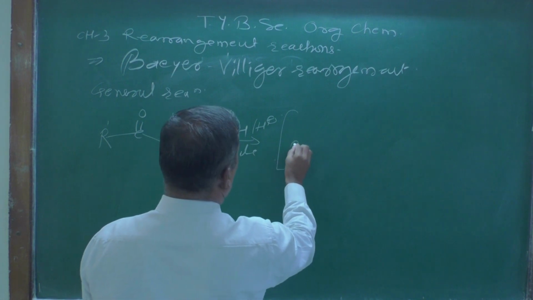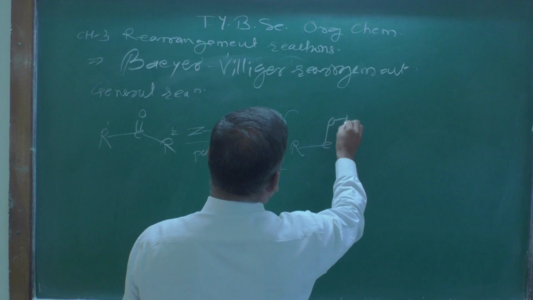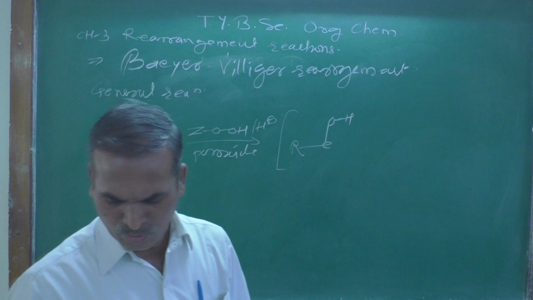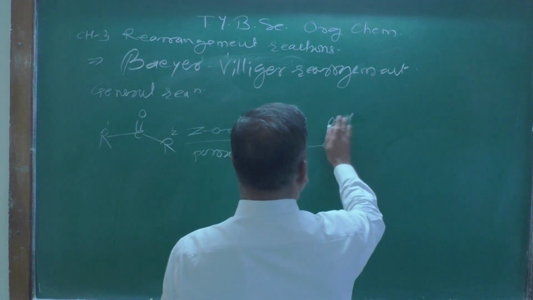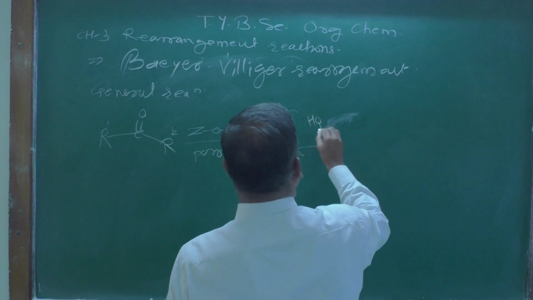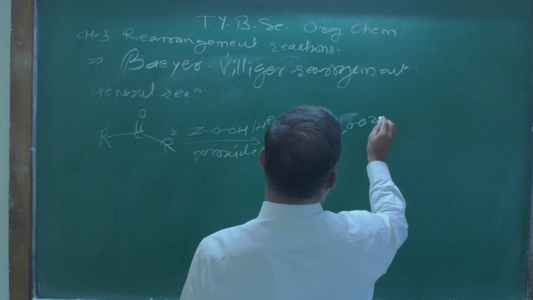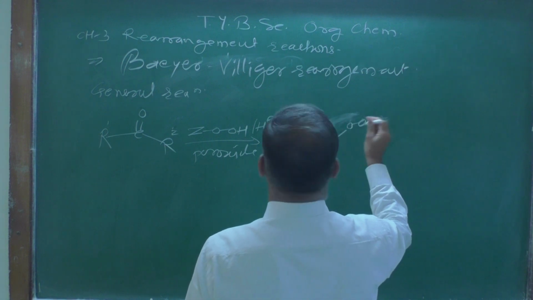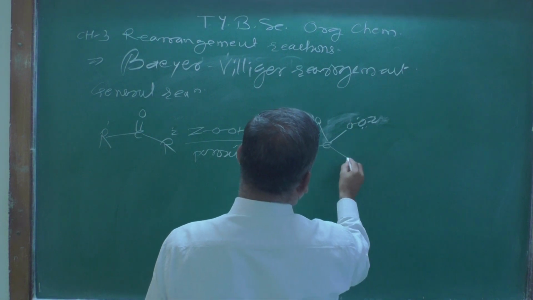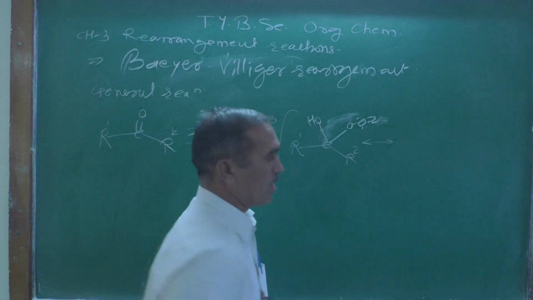What you are going to get here is R, C, O, then O, H, then O and Z, where Z is another group, and R1 and R2.